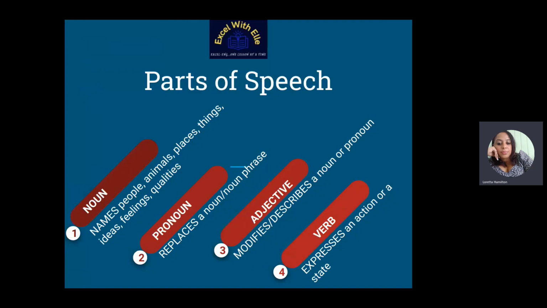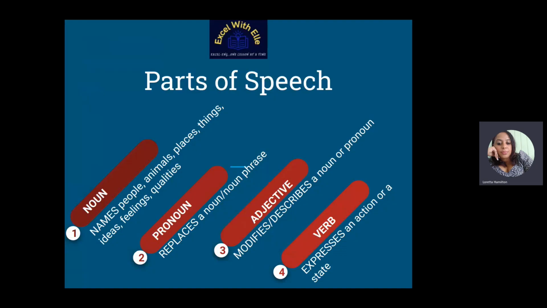Then we have some words and their function is to replace a noun or a noun phrase. So those words, they are used in place of or instead of a noun or a noun phrase, as I said. So any word that functions to do that, then that word is a pronoun. Then we have some words and their function is to modify or to describe a noun or a pronoun.